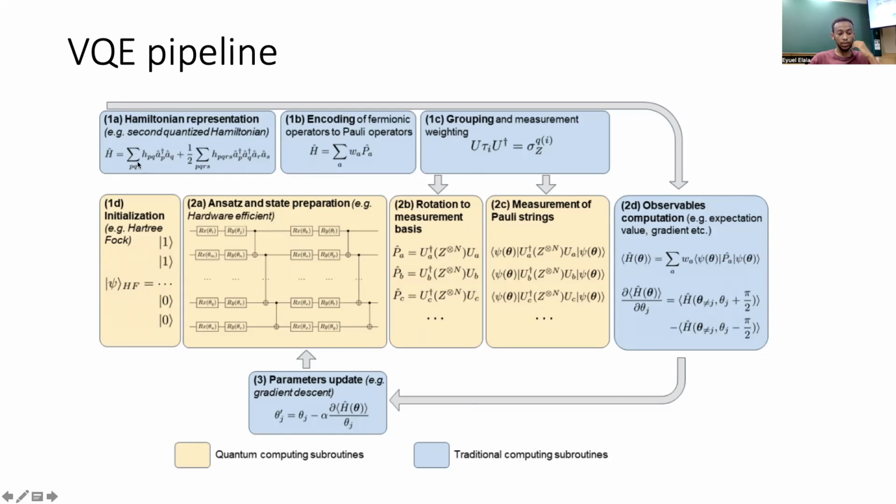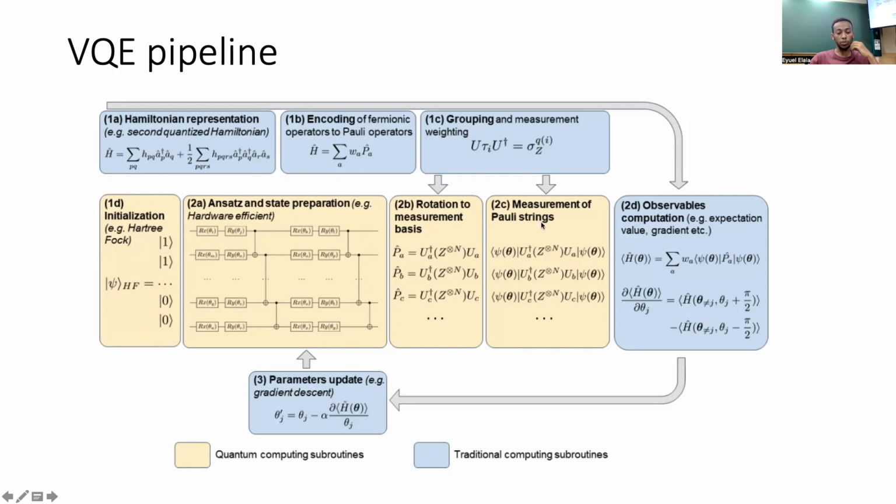First we have the problem. The problem is described in the Hamiltonian, just the Hamiltonian representation. There's some sort of encoding. I'll describe these steps later in the presentation. And in the quantum case, there is initialization, where we start from a certain Hartree-Fock state, and then we have a trial wave function preparation using some sort of ansatz.